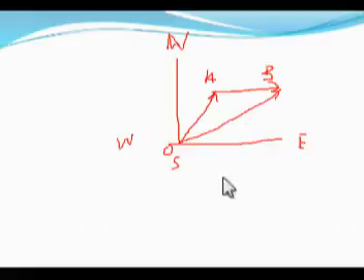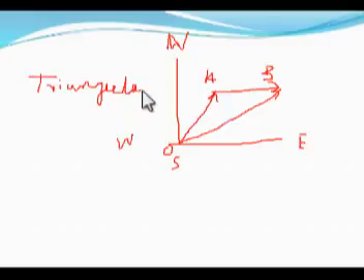How? We know the triangular law of vectors, and through it we can represent any vector through its position vectors.